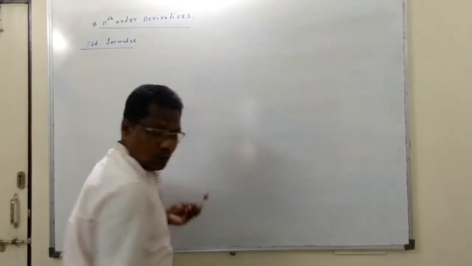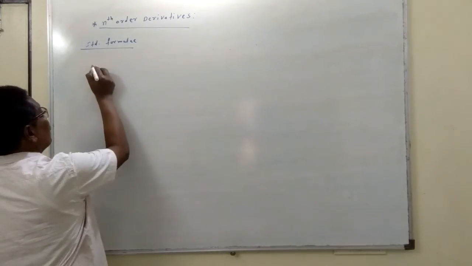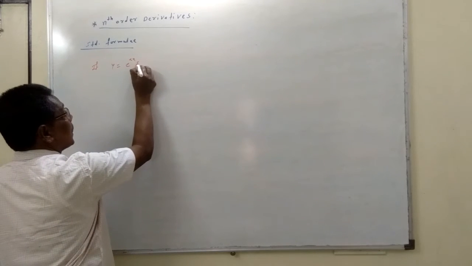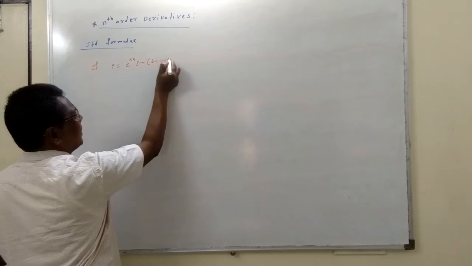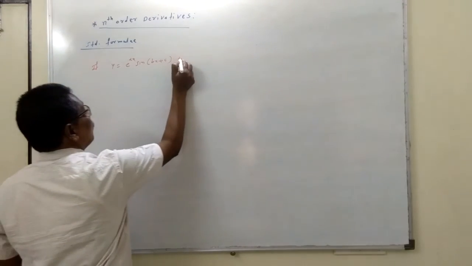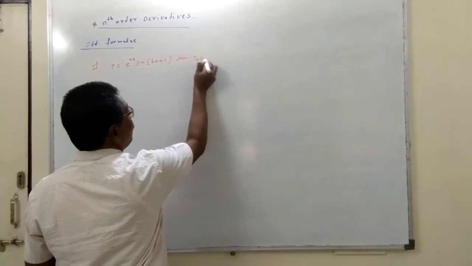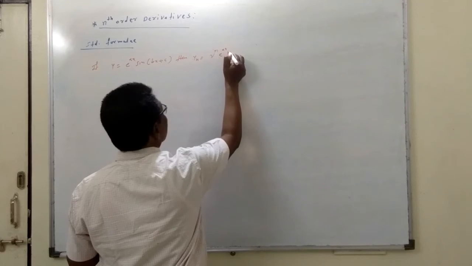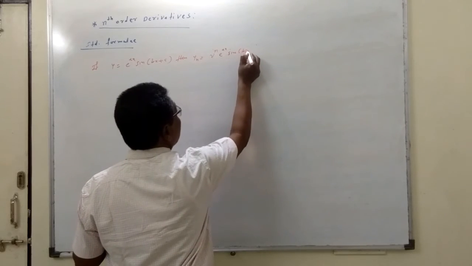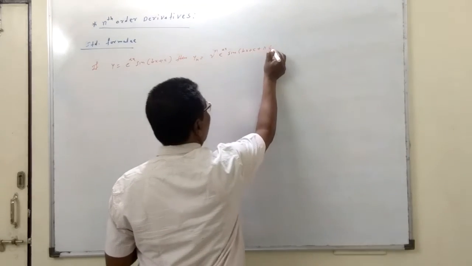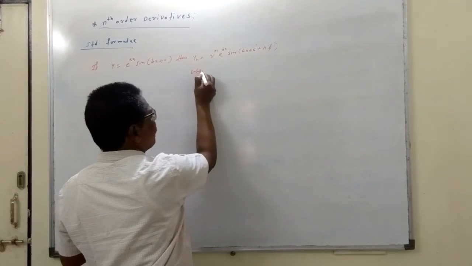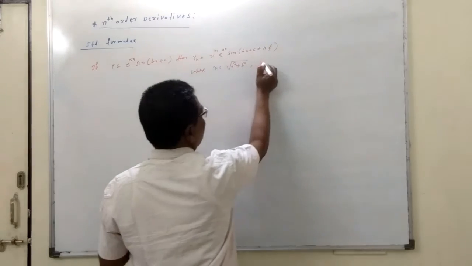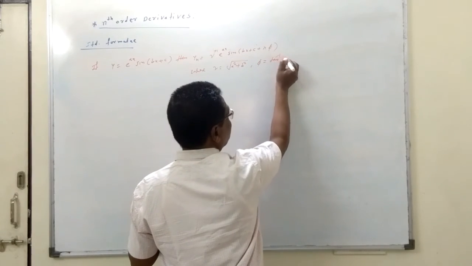Now one more formula we will prove. If y is equal to e raised to ax sin(bx + c), then yn is equal to, you know this, r raised to n e raised to ax sin(bx + c + nφ), where r is equal to under root a square plus b square and φ is equal to tan inverse b by a.